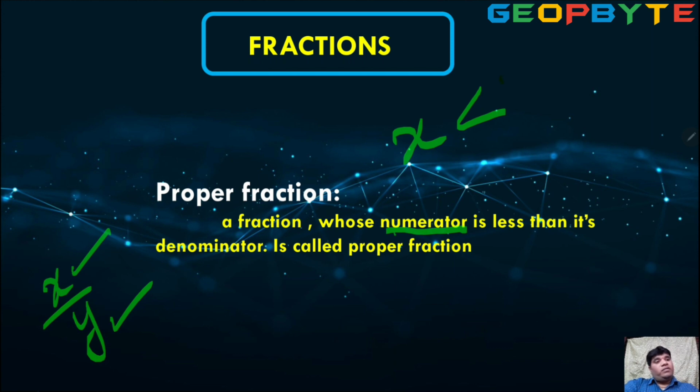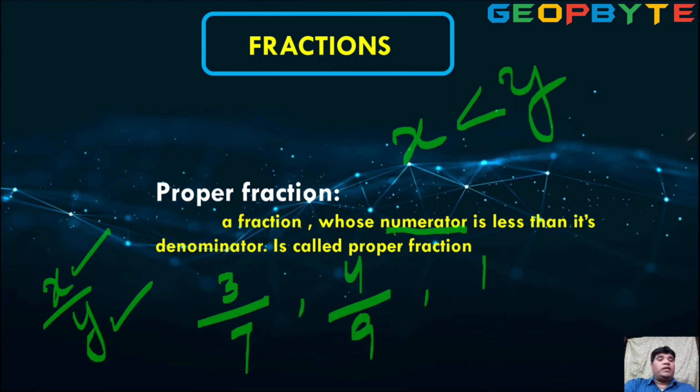Less than. If the numerator is less than the denominator, it is called a proper fraction. Shall we take examples? 3 by 7, 4 by 9, 10 by 11. Observe every example, numerator is less than its denominator. So they are proper fractions.